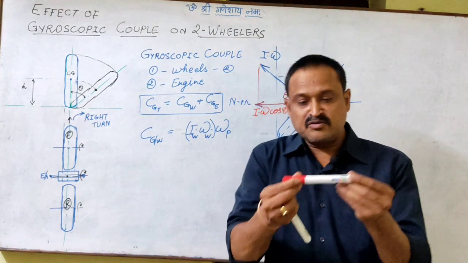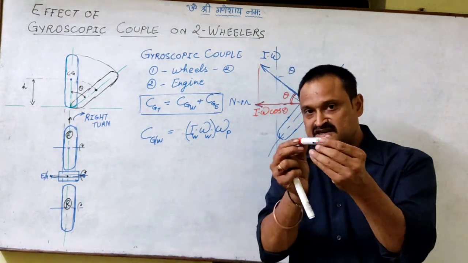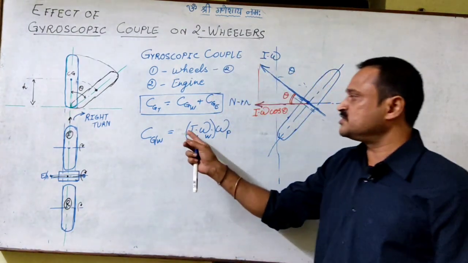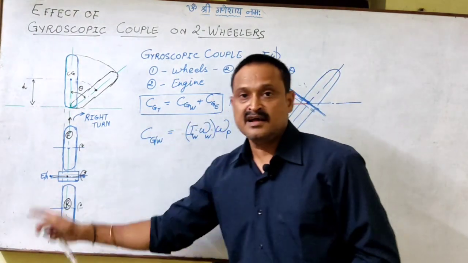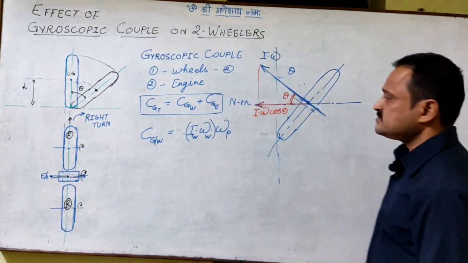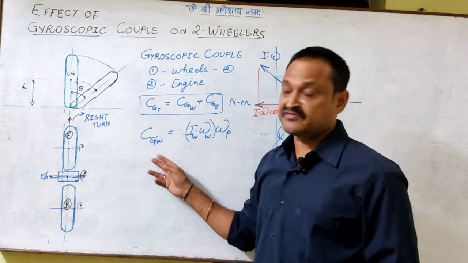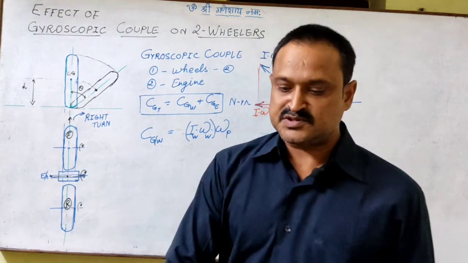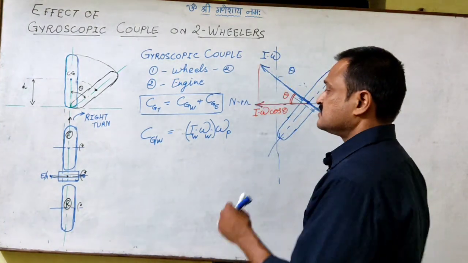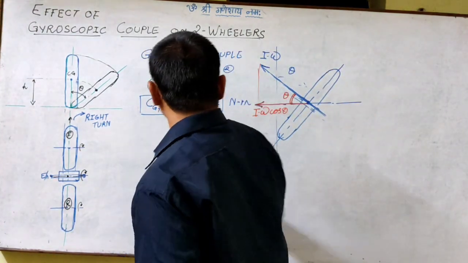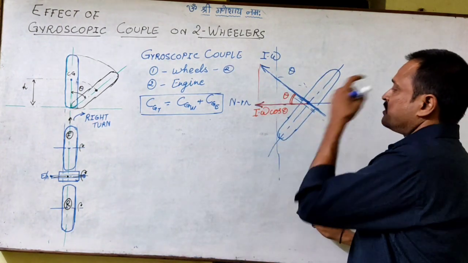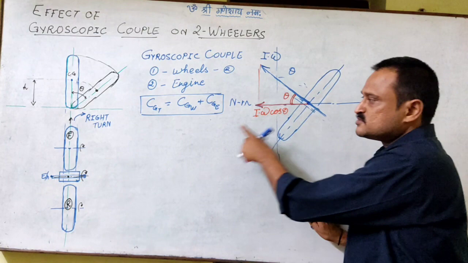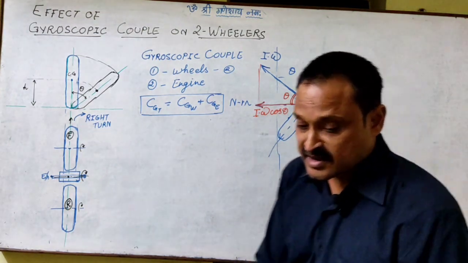So this I omega cos theta, this component which is turning, is constituting the magnitude of gyroscopic couple due to the wheels, as well as in the case of the engine. So in both cases the horizontal component, that is this component, is going to affect the magnitude, right?